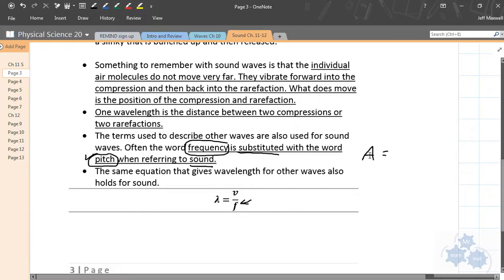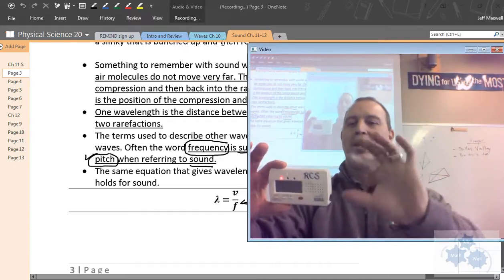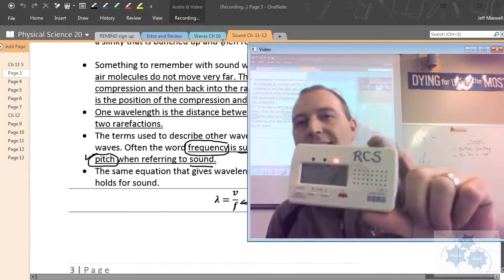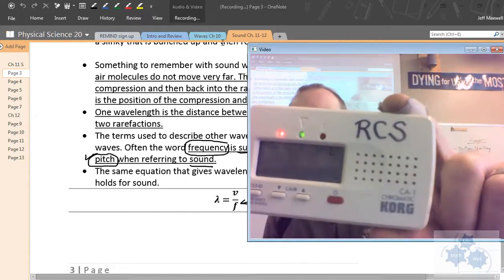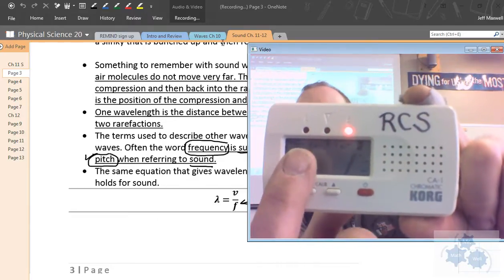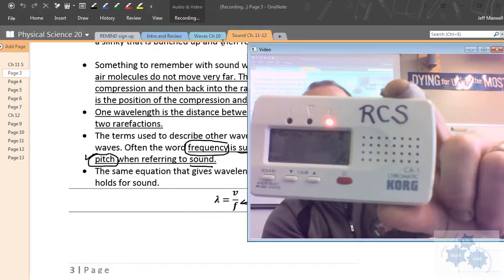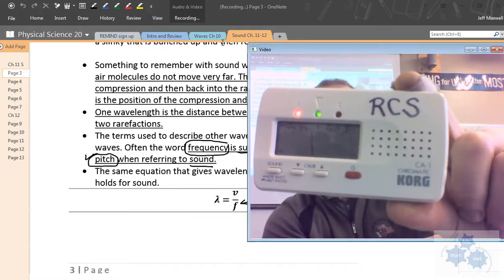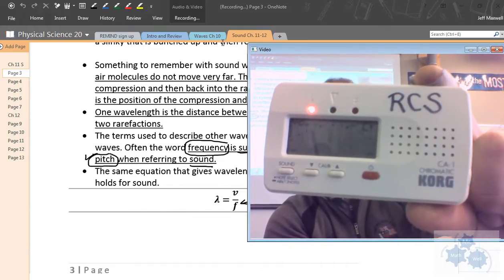As a matter of fact, I think I have one. Here is a tuner. I'm going to try to get this right up to the screen so you can see it. Right by my finger, in the corner, it says 440 hertz.